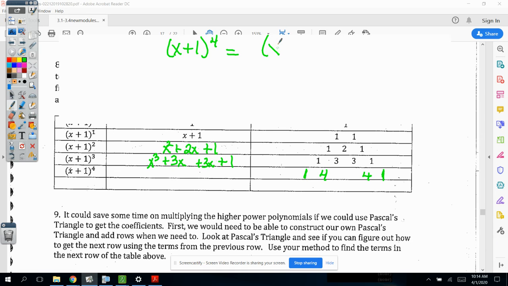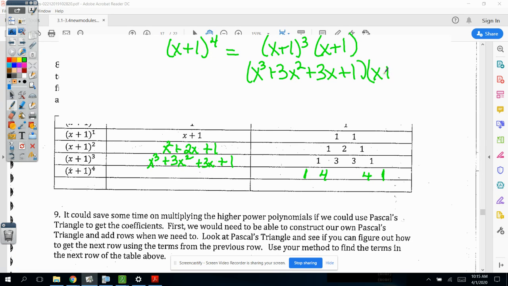Now that's the same thing as x plus 1 to the third times x plus 1. I already did x plus 1 to the third, which is why I'm making that shortcut. That's x cubed plus, oh, sorry, forgot my squared there. 3x squared plus 3x plus 1. And I'm going to take that times x plus 1. We will like quadruple distribute here. X to the fourth, just what I thought would happen. That's from the 1.